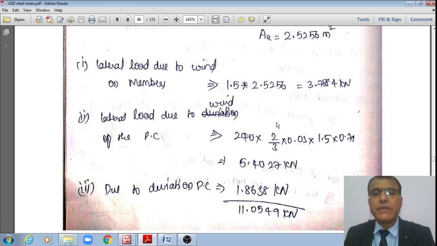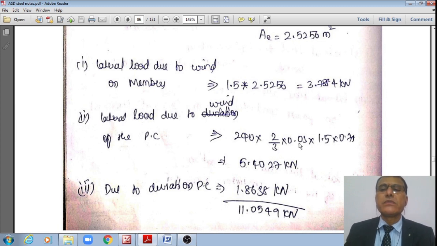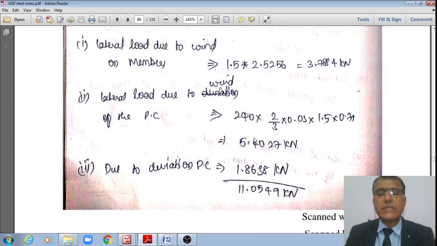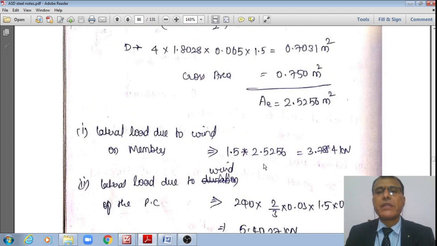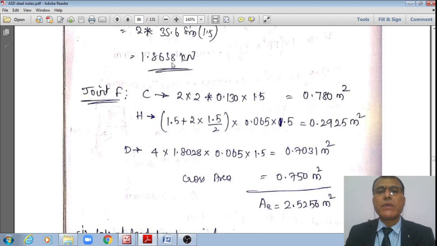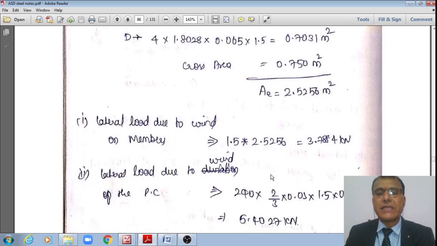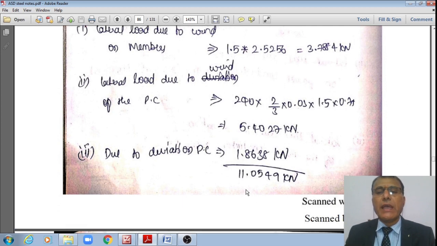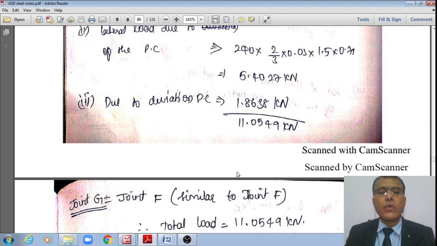As you already calculated in the previous step, it is 240 multiplied by 2 by 3.03 multiplied by 1.5 multiplied by 0.75, which is 5.4027. And also the lateral force due to the deviation of the power conductor, as you already saw in the previous step, the same value 1.8638. Therefore, putting all three together works out to 11.0549 kilonewtons.